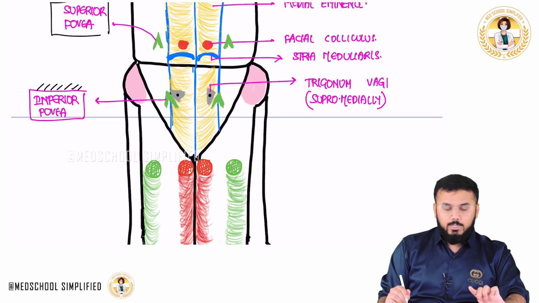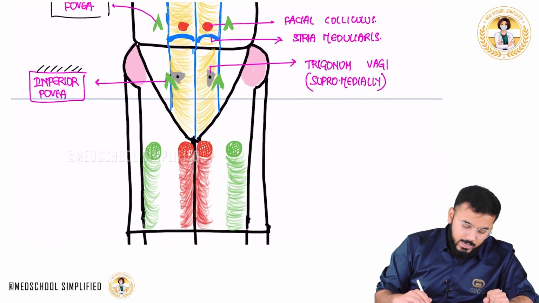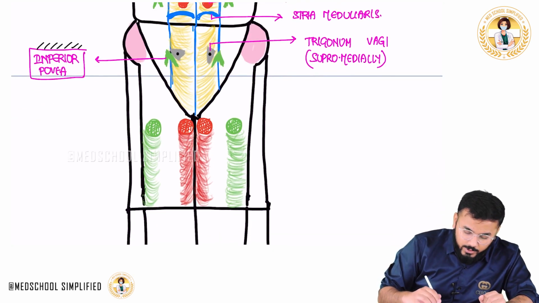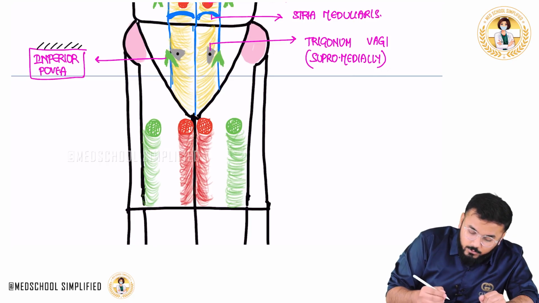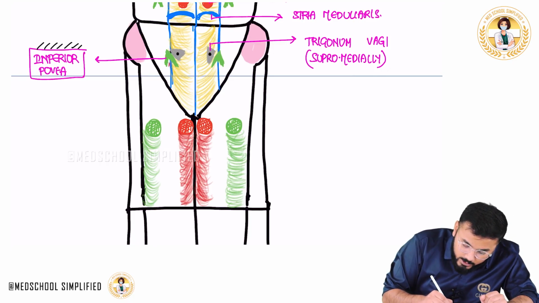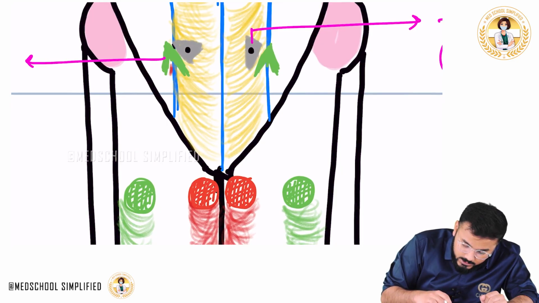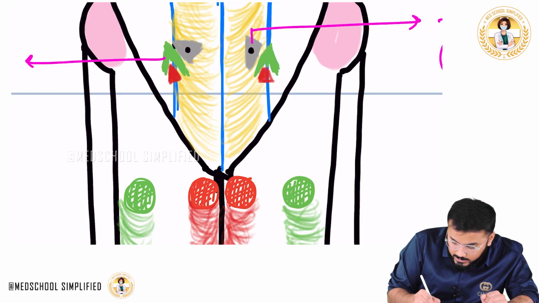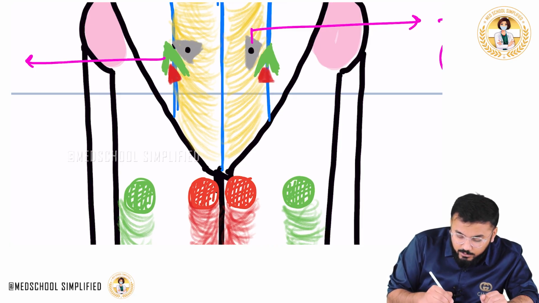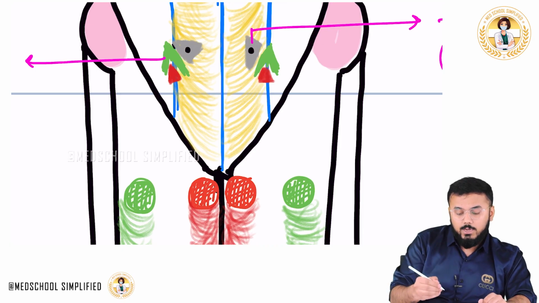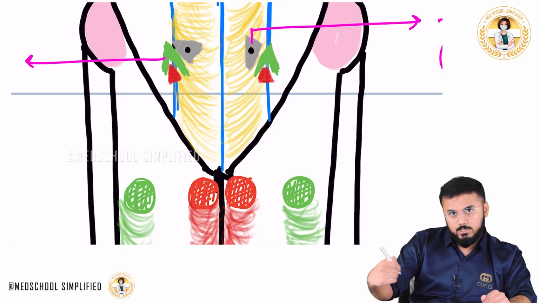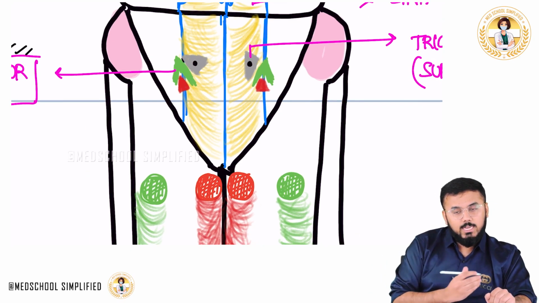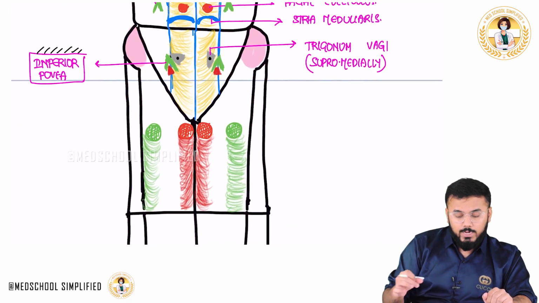Now the next important thing. If you look at this inferior fovea, just beneath the inferior fovea, see, I am just highlighting it, just beneath the inferior fovea here as well as here. Can I call this infrolaterally? The previous one I called superior medially because that is towards the medial end. Now this red one is towards the lateral end. So can I call it infrolaterally?